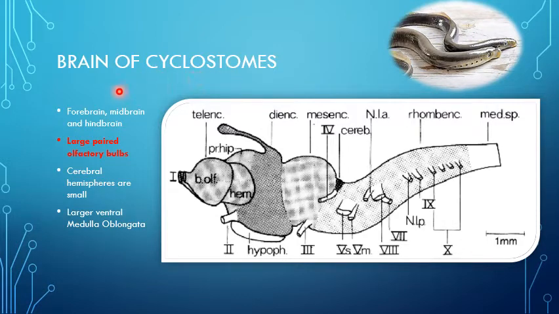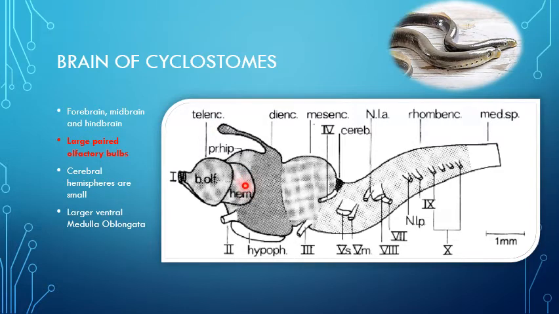In these organisms, the three main parts of the brain are forebrain, midbrain and hindbrain, just like the vertebrates. They have a large pair of olfactory bulbs, as you can see here, which is a part of the telencephalon of the forebrain.